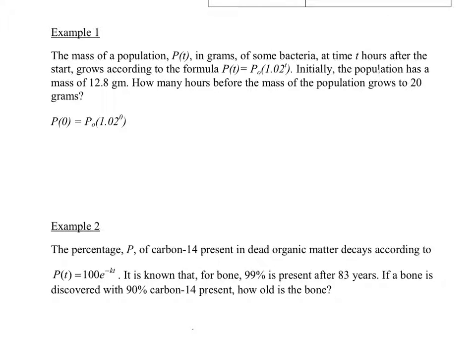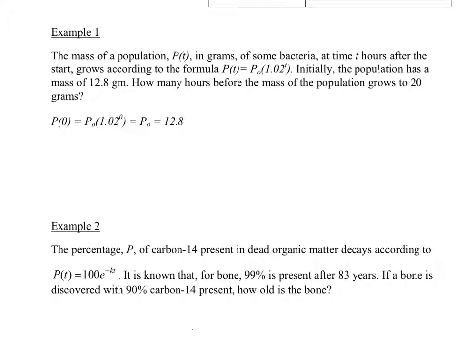Because we know that after 0 hours, it's going to be P naught times 1.02 to the power of 0. Anything to the power of 0 is going to be equal to 1. So we know then that 1.02 to the power of 0 is 1. 1 times P naught is P naught. And we know then that the initial population is going to be equal to 12.8.